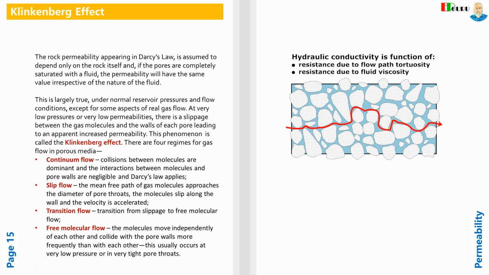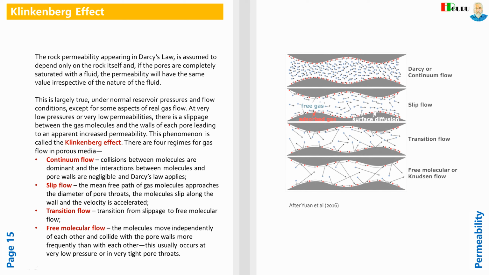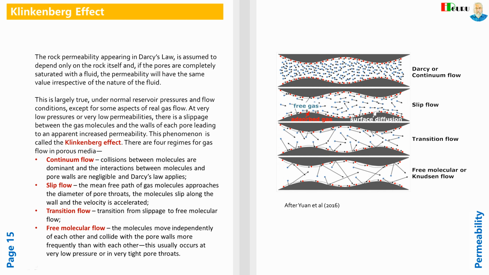There are 4 regimes for gas flow in porous media. Continuum flow: collisions between molecules are dominant, and the interactions between molecules and pore walls are negligible, and Darcy's law applies. Slip flow: the mean free path of gas molecules approaches the diameter of pore throats.